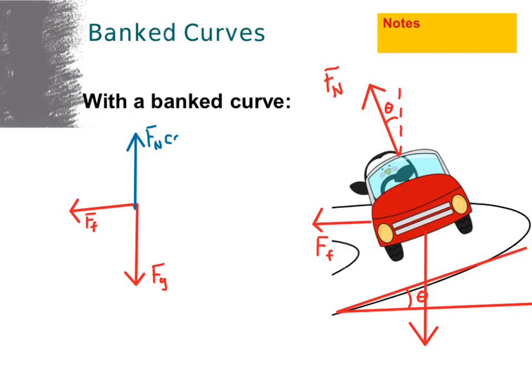And watch this: we have the same issue that we had when we were dealing with inclines, in that we are measuring from the vertical axis. So vertical is going to be cosine theta, and horizontal is going to be sine theta. So watch out for that. There's going to be also a horizontal component pointing in toward the center of the circle, and that is going to be normal force Fn times sine theta.